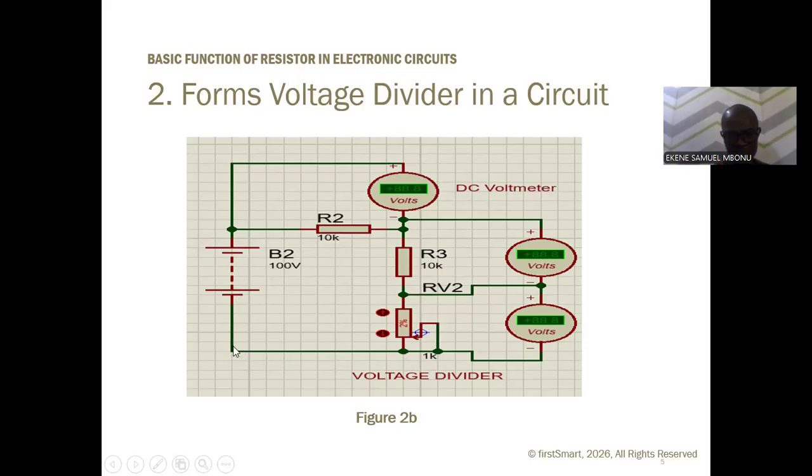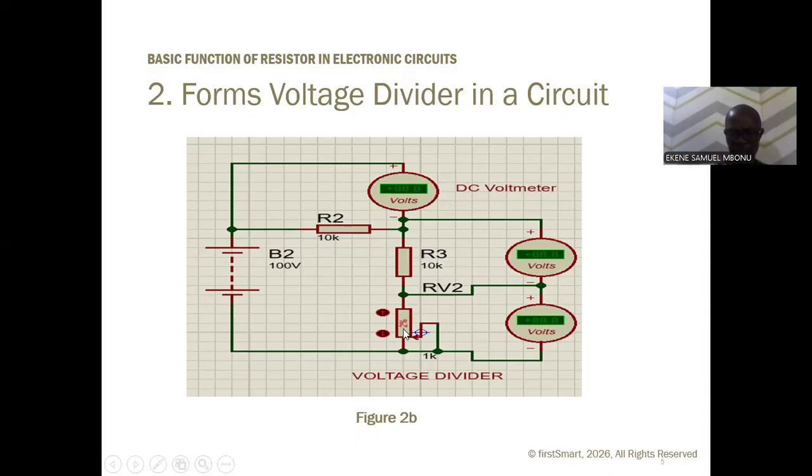This is the positive of the circuit. It flows from here back to the negative. So this is 10 kilo ohms, 10 kilo ohms. When we simulate this circuit, we are going to notice that the voltmeter measuring the voltage across R2 and the voltmeter measuring the voltage across R3 will be reading the same thing because they have the same value of resistor. This is the variable resistor.